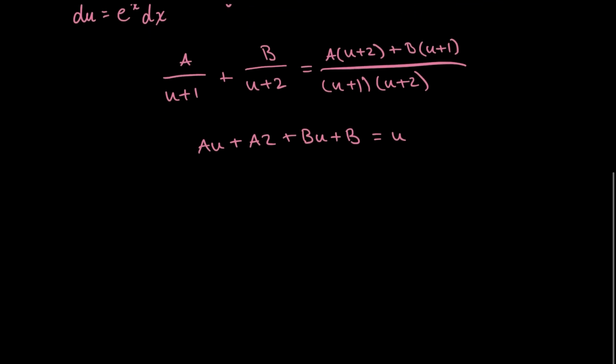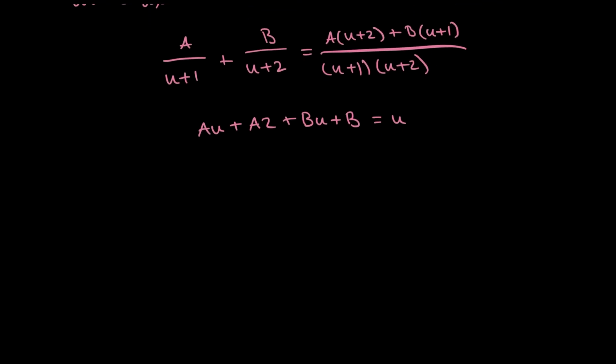And now from this expression, I can create my system of equations. And how I like to create my system of equations is kind of playing a game of matching. So I look at my terms on the left-hand side that are attached to my variable, in this case u, and equate it to whatever's attached to a u on my right-hand side. And anything that's attached to a constant on the left-hand side, I equate it to whatever is a constant on the right-hand side.